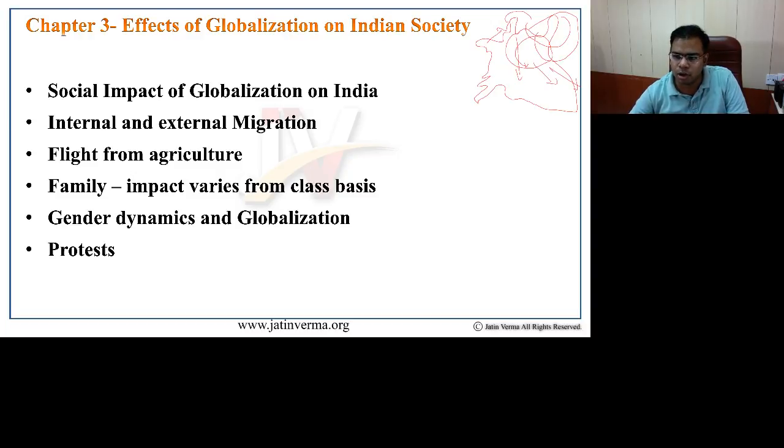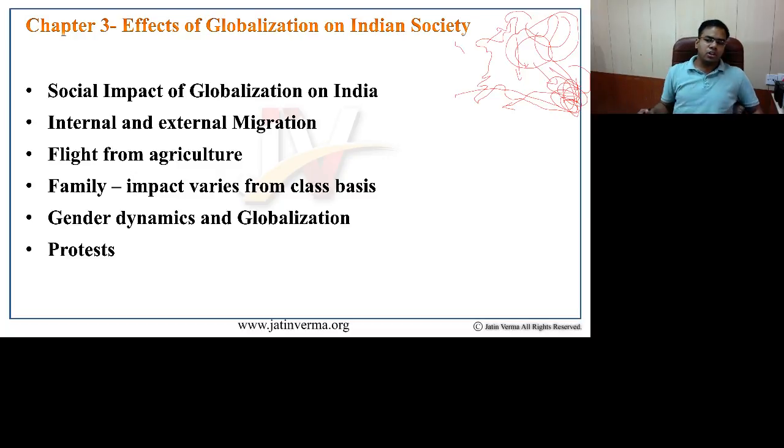And the people from coastal areas, which have already been stabilized, are now moving towards Gulf countries and the US and UK and so on. So from the map of India, which is a very important tip when it comes to framing answers, you could mark the various kinds of internal and external migration that are happening.